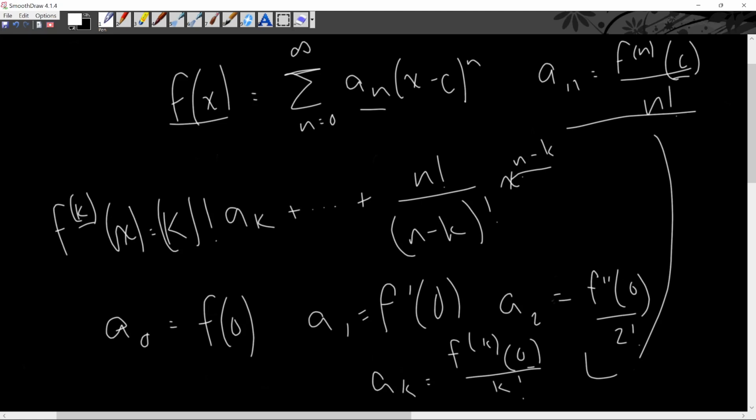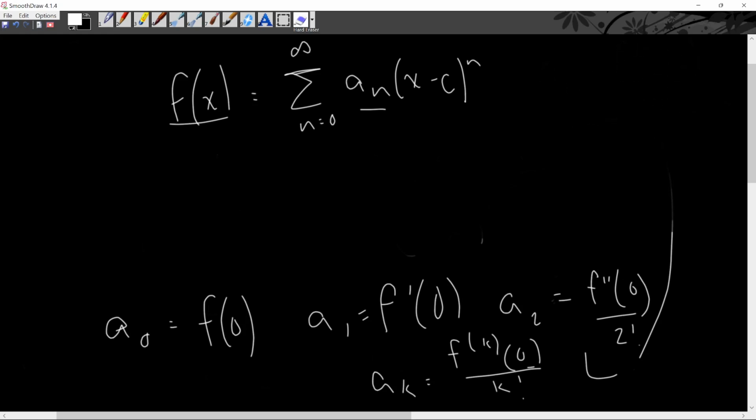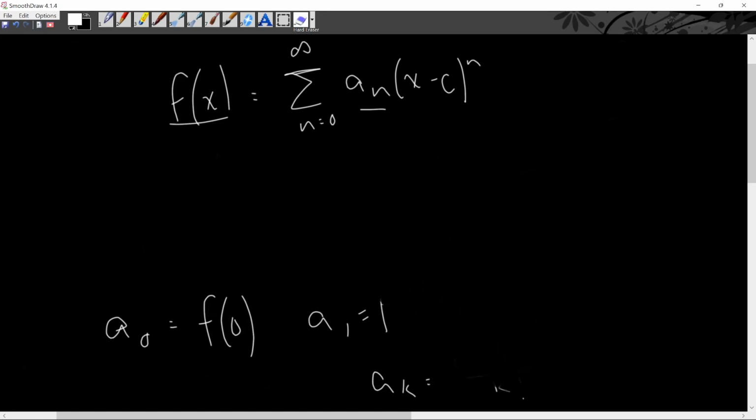So now I think we can actually talk about what I've been building up towards for quite a while now. Now we can actually talk about Taylor series. Taylor series is going to be more of the same, I should say. Taylor series and Maclaurin series, I'm going to combine them because they're essentially the same for our purposes.